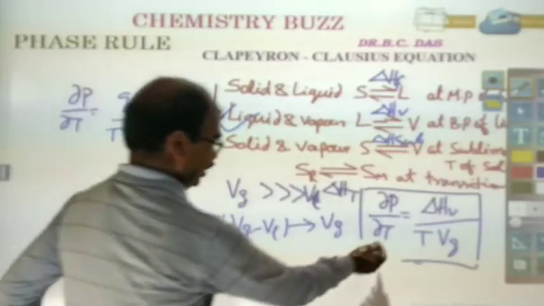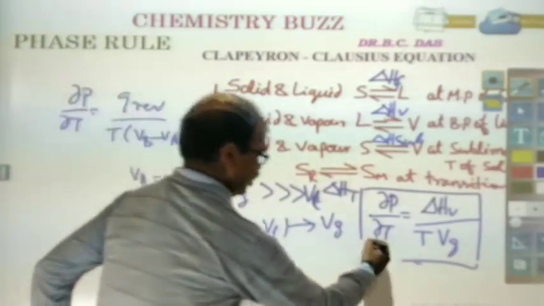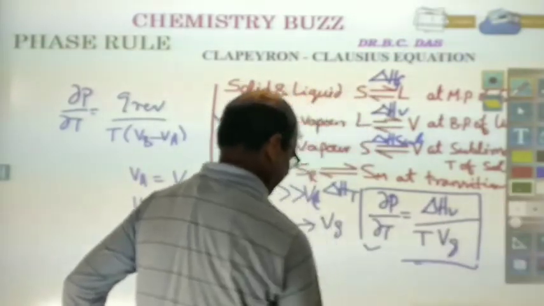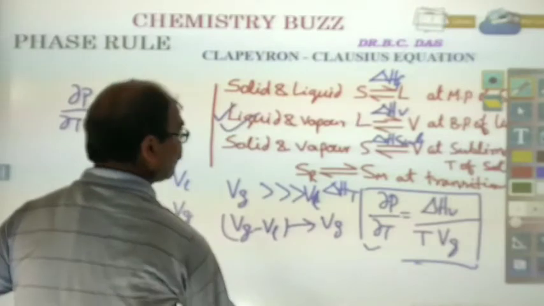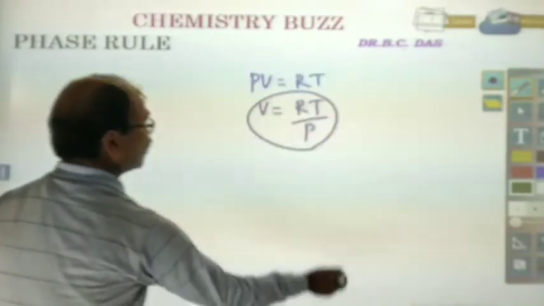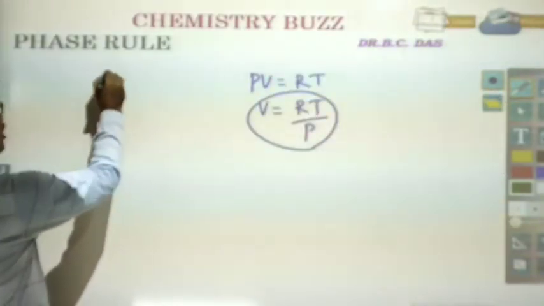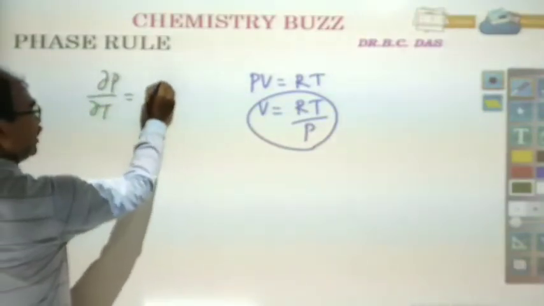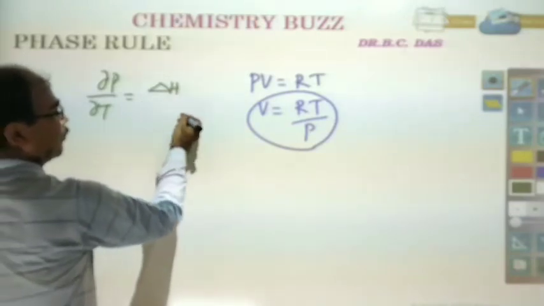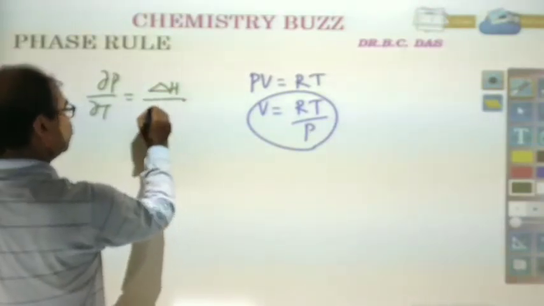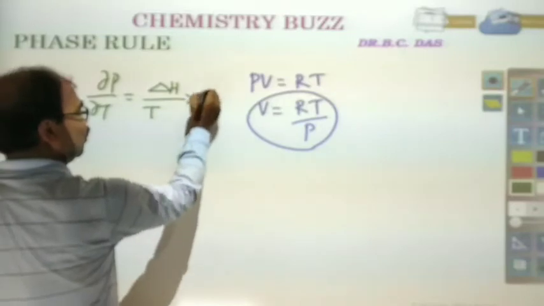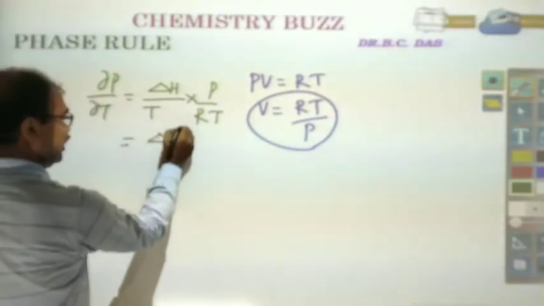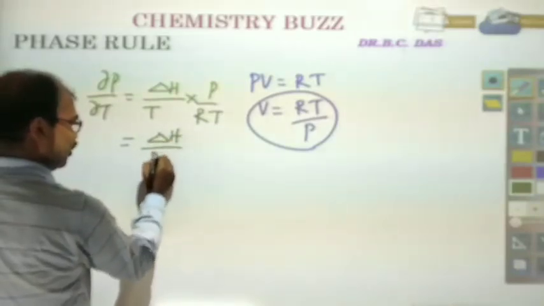So in this equation we will replace the value of Vg. So we can write the equation like dP by dT is equal to delta H V by T into P by RT. So this is equal to delta H V P by R T square.